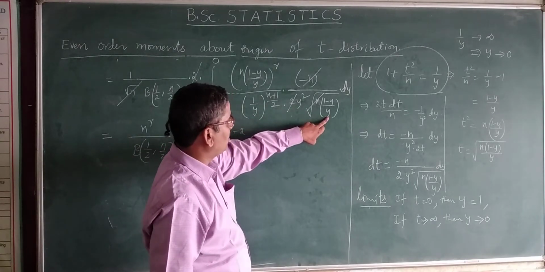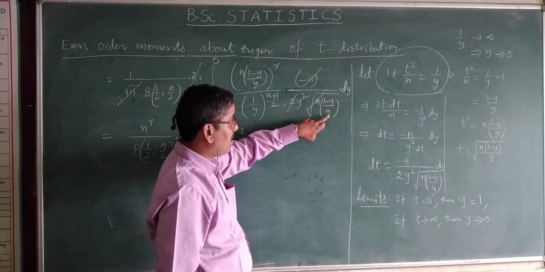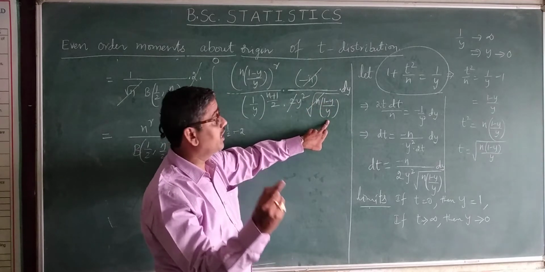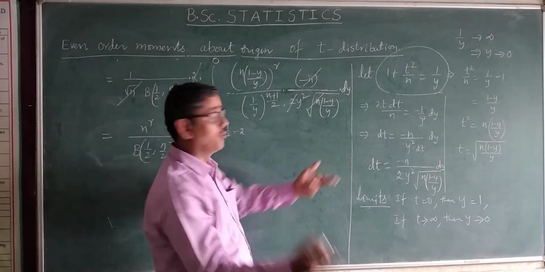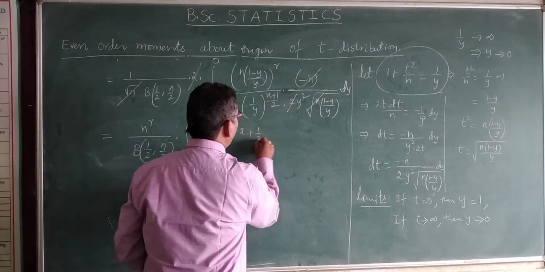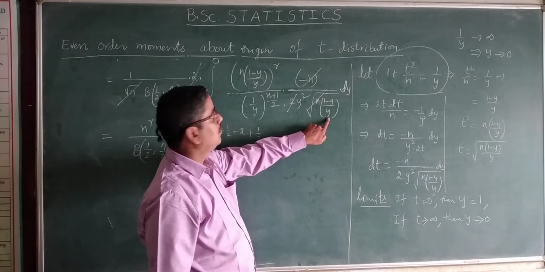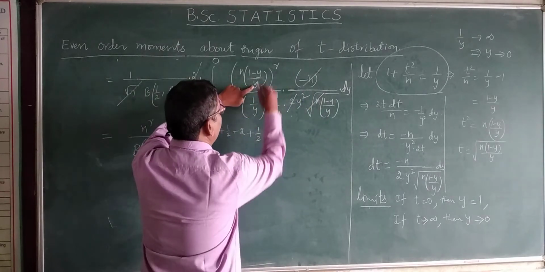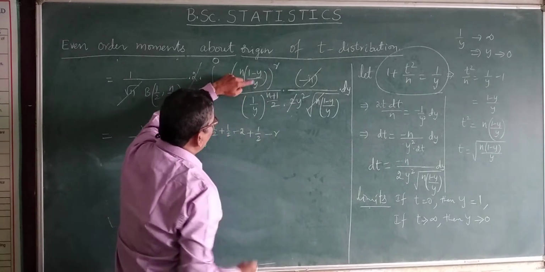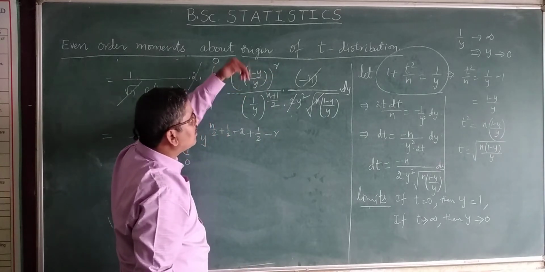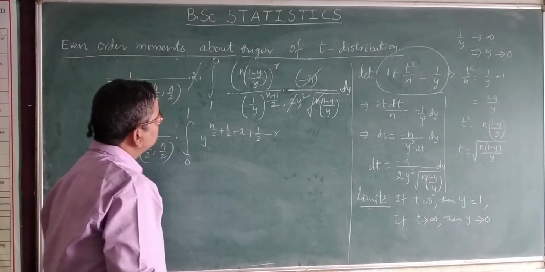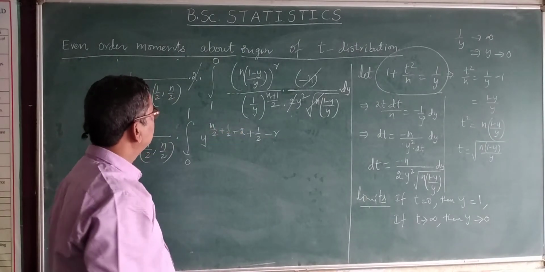Another term, y here: this is 1 by square root y, y power 1 by 2; if you take the numerator, plus 1 by 2. And this is another y power r, that I am writing as minus r, 1 by y power r. If you take the numerator, it will be minus r. Clear? So these are the terms of y.